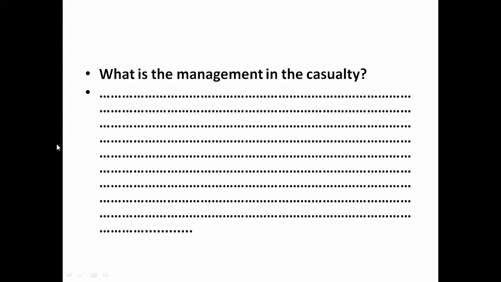Give IV fluid and antibiotics, correct electrolyte disturbance and low hemoglobin.